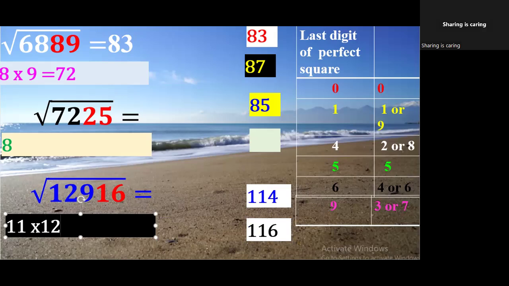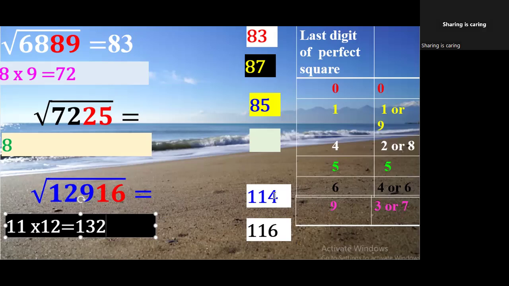So just multiply 11 and 12. If you multiply 11 times 12, it will be what? 132. So now compare. 129 is less than 132. Therefore, you will take the smaller number.